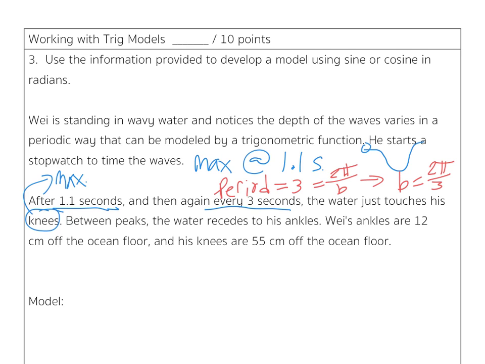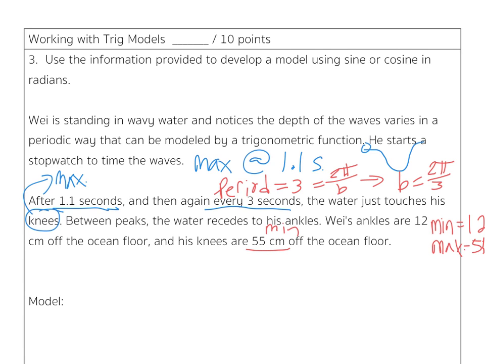Okay, between peaks the water recedes to his ankles. That would be a minimum value, and Wei's ankles are 12 centimeters off the floor. So my minimum value would be 12. And his knees are 55 centimeters. Okay, that seems like a max value is 55.